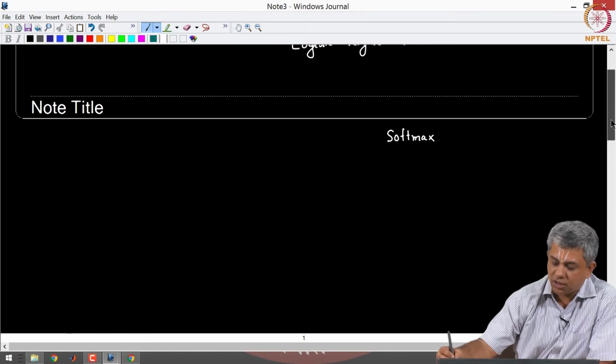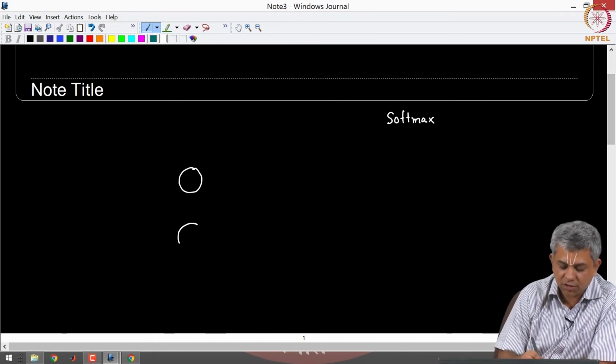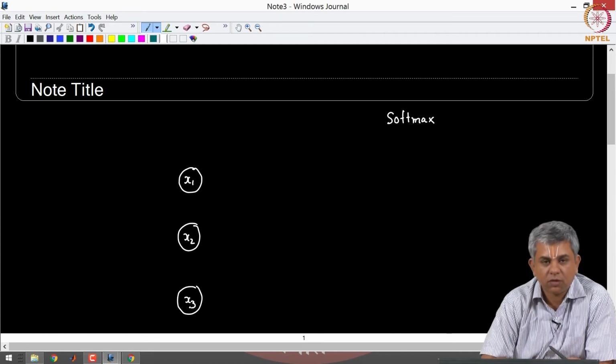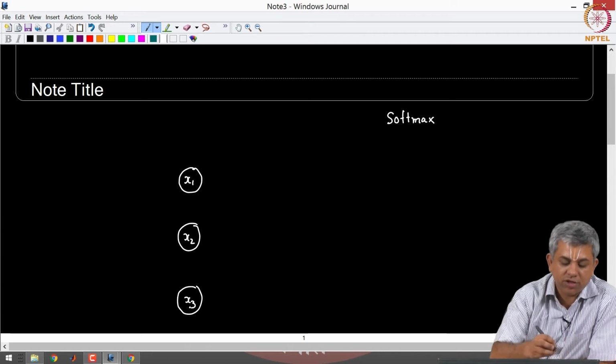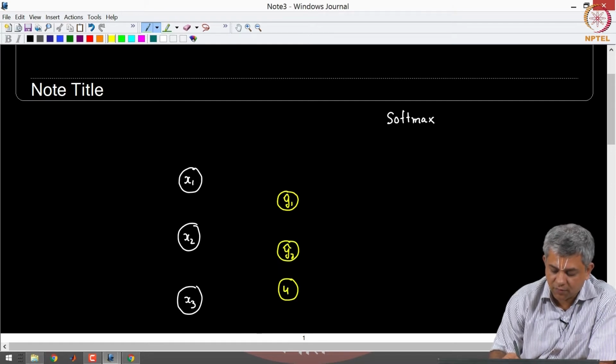So, let us consider a simple example. Let us say I have 3 input features and let us say I have 3 output features also. Y1 hat, Y2 hat, Y3 hat.